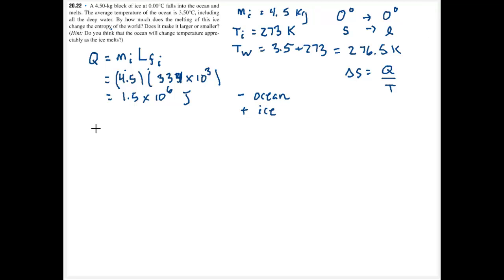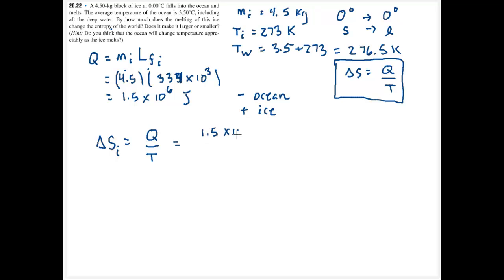So we're asked, how much does the entropy of the world change? It turns out that since the ocean and the ice are operating at different temperatures, the amount of entropy is going to be different. So the entropy for the block of ice is going to be Q, positive, divided by the temperature the ice is operating at.